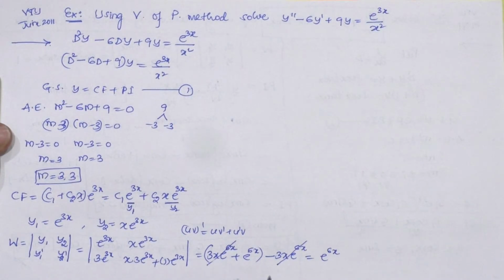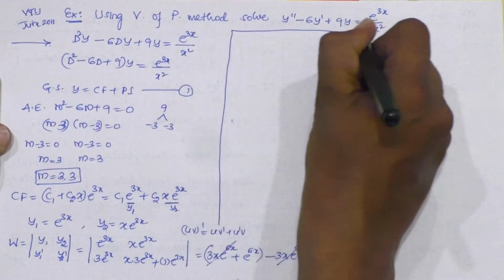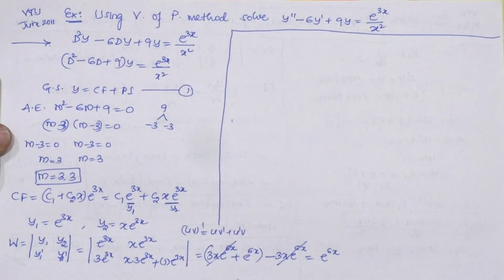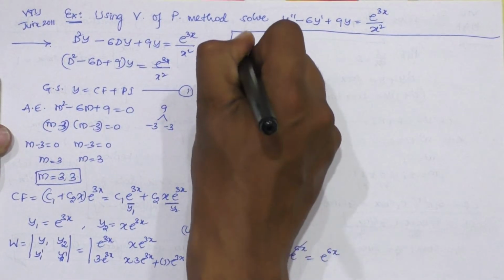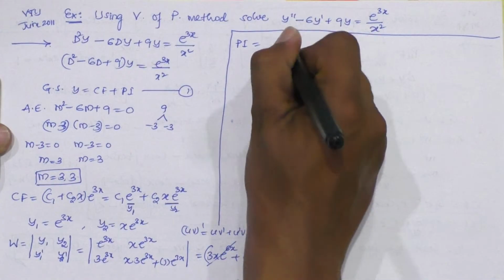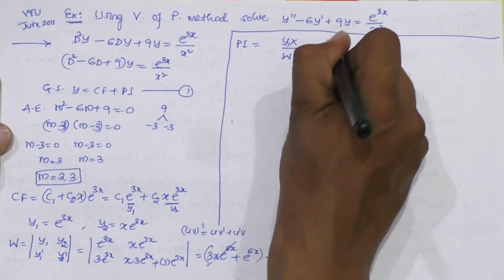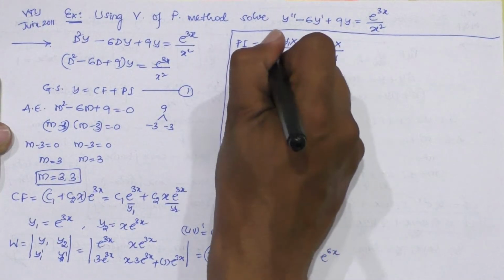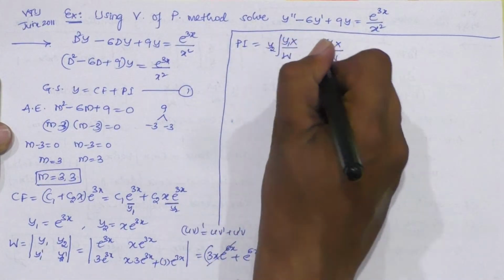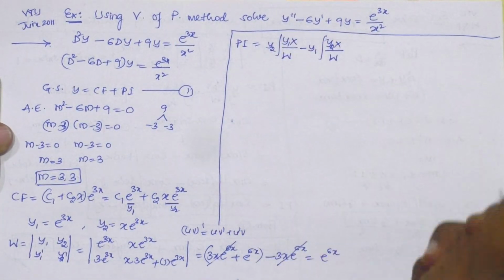Once you get this, then you go for PI. So now let us move to the PI. We know PI has two terms: y1 X by W, and y2 X by W. The first term is multiplied by y2 into this, minus the second term is multiplied by y1 into this.